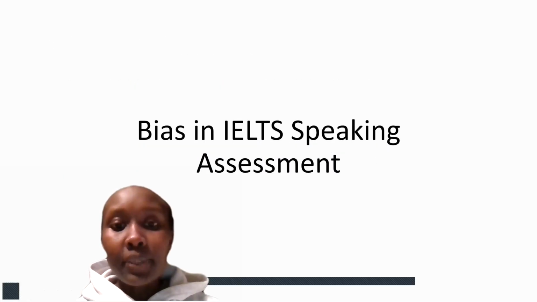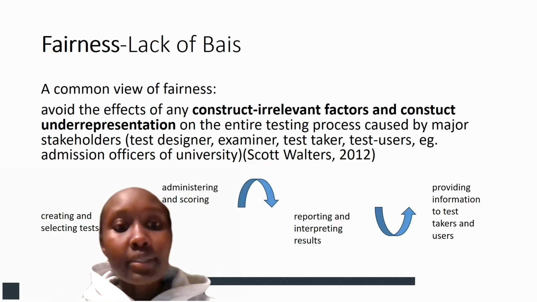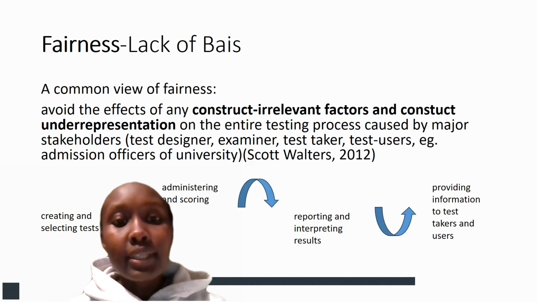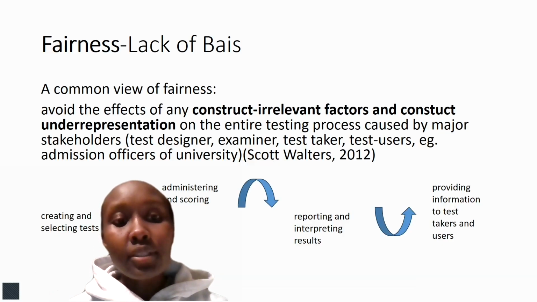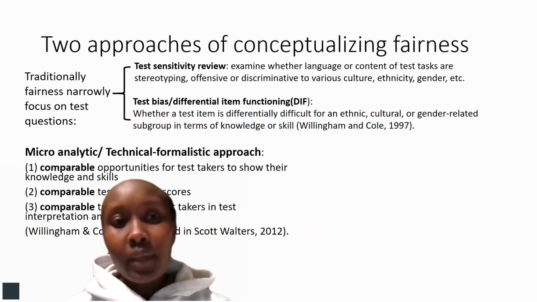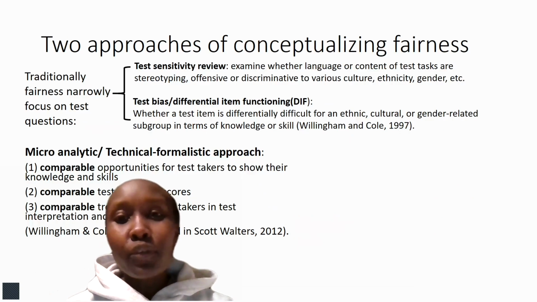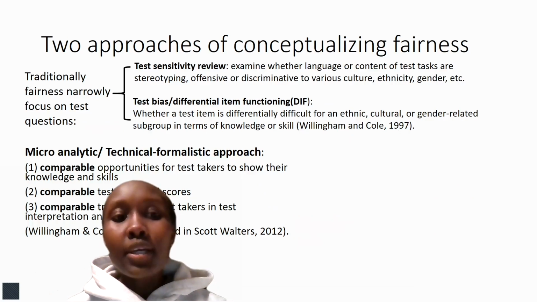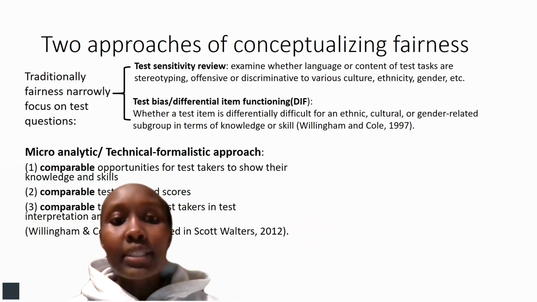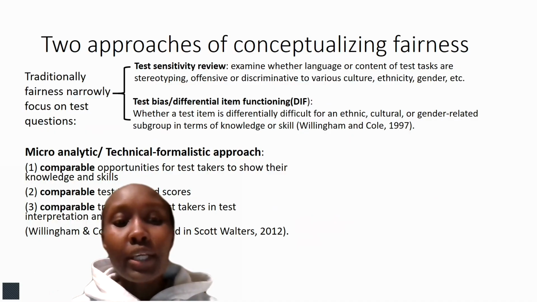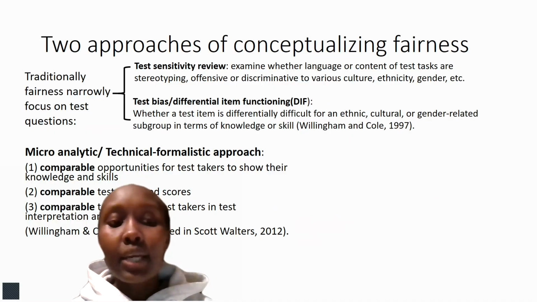Bias in IELTS speaking assessment: fairness or lack of bias. According to Walt, fairness is about avoiding both construct-irrelevant factors and underrepresentation. There are two approaches to conceptualizing fairness. Traditionally, fairness narrowly focuses on test questions, sensitivity reviews and test bias, a microanalytic or technical, formalistic approach.